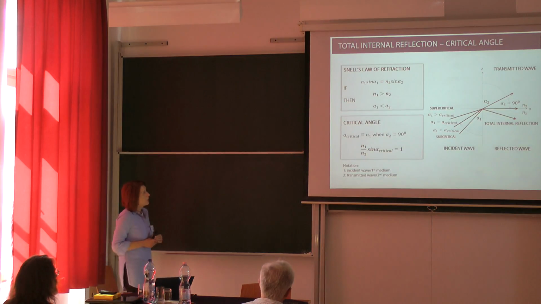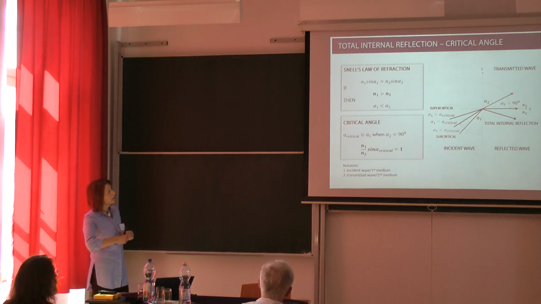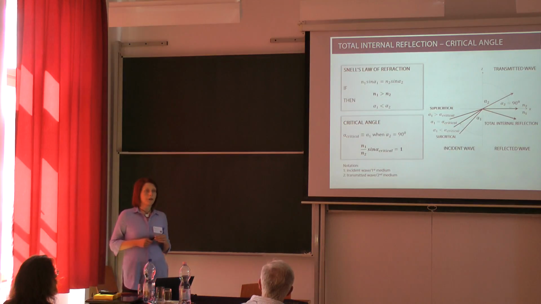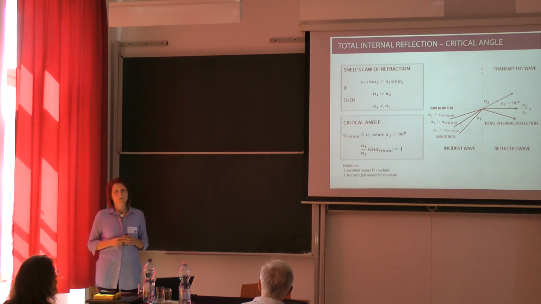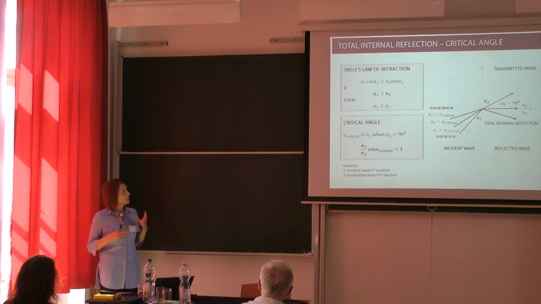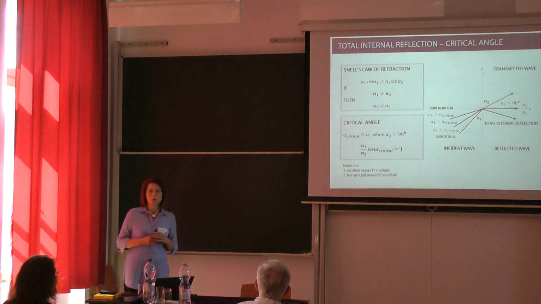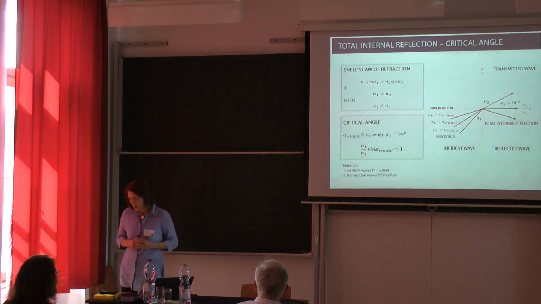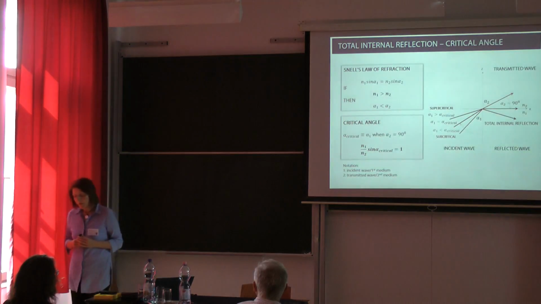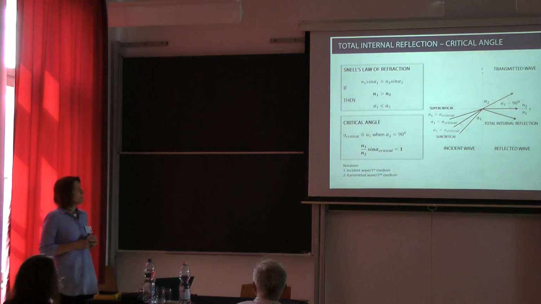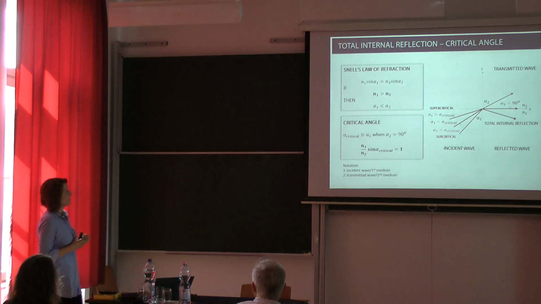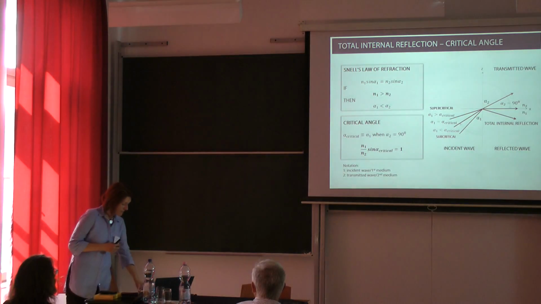Okay, so to understand what is happening exactly in case of total internal reflection, we have to go to the wave theory of light. Because if you look at Maxwell's equations and we solve them for these conditions, the solution will predict the formation of an electromagnetic field that is called the evanescent field or an evanescent wave.